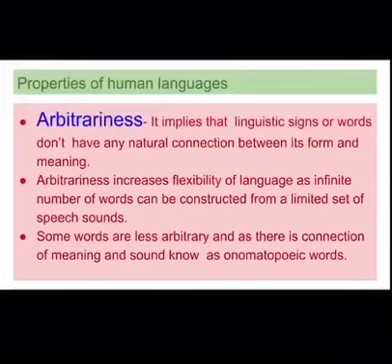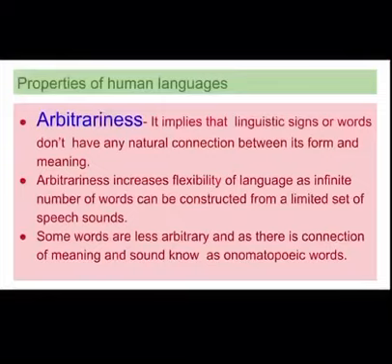First major property of language is arbitrariness. The word arbitrary means based on individual discretion or preferences or impulse. Arbitrariness is the major property of language. Linguistic signs do not have any natural connection between their form and meaning.